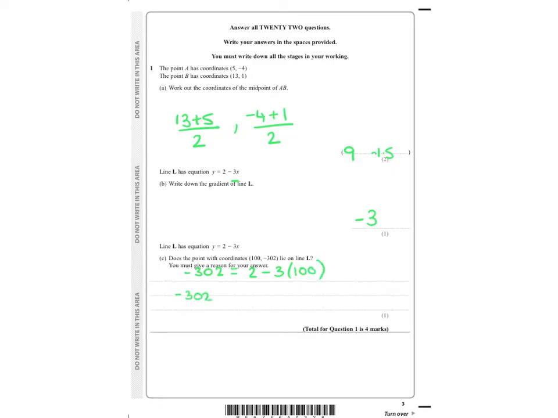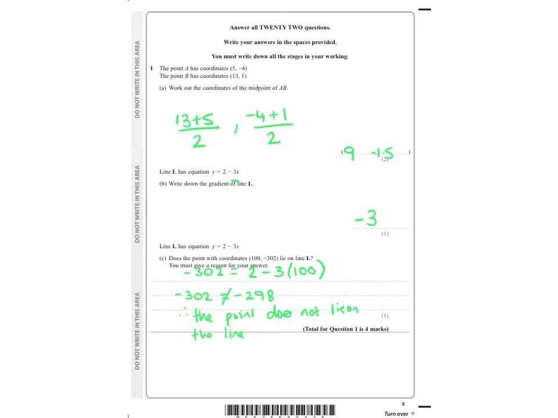Minus 302 equals minus 298. This is not true. Therefore, the point does not lie on the line. Okay, perfect.